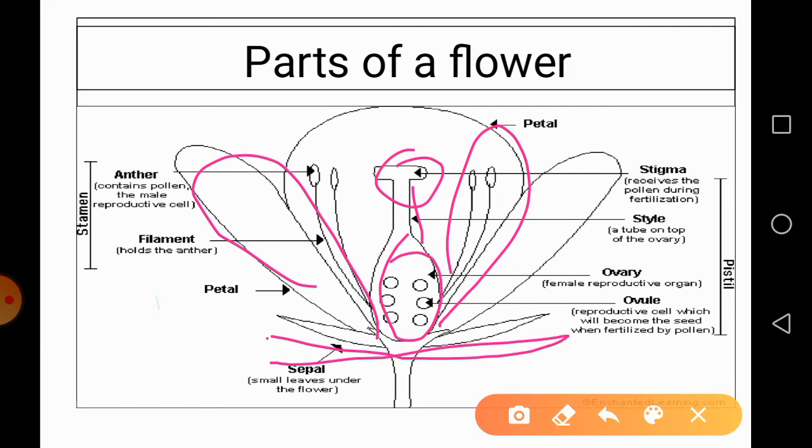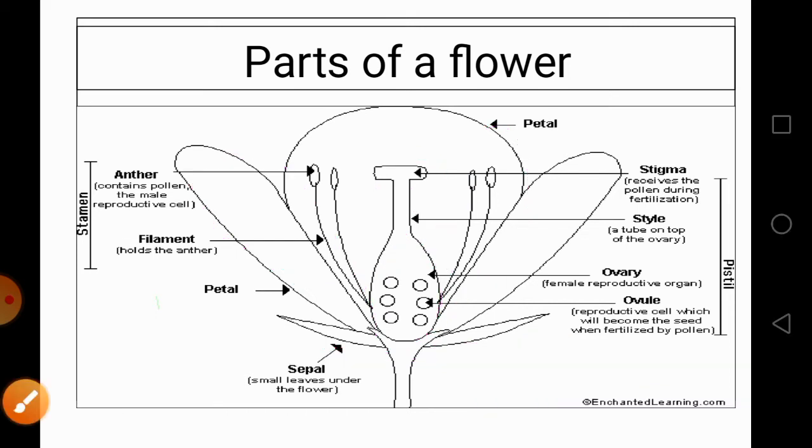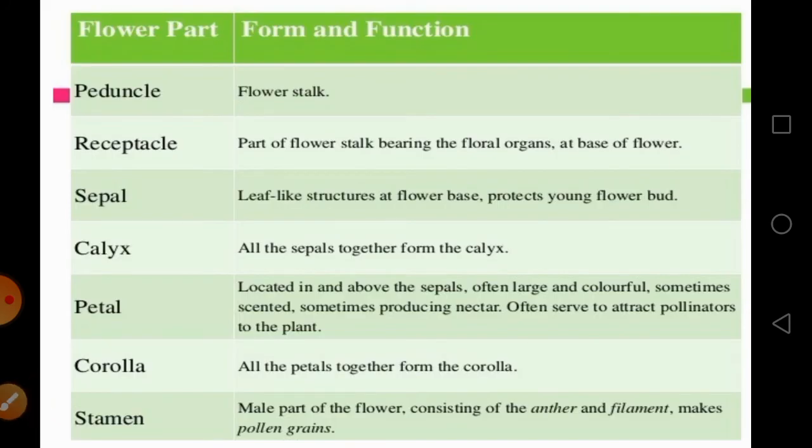So these are generally the four parts of your flower: sepal, petal, androecium and gynoecium. One by one we are going to see the flower parts and their functions.